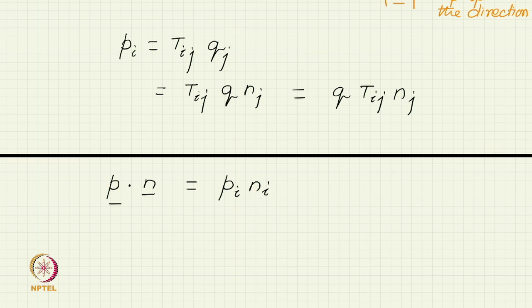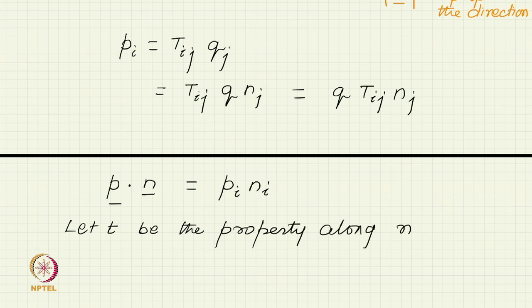So, the property T, T is the tensor, but now I am using T for the scalar value of the property along that direction, or maybe let me use a slightly different symbol. Let T be the property along n.